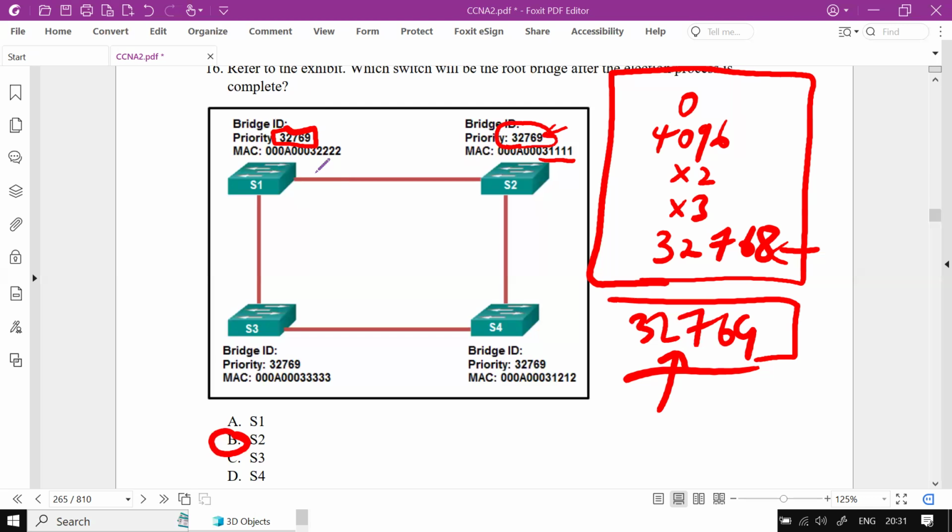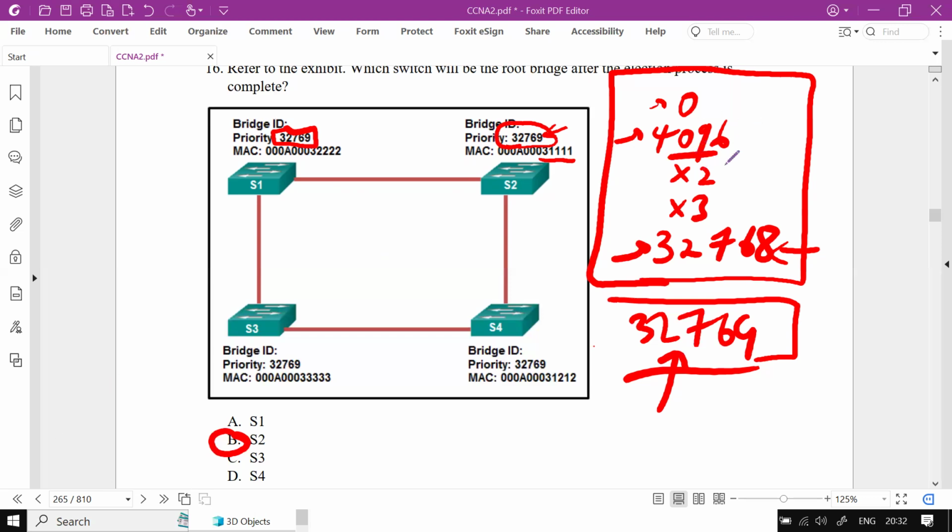I gave you background context on where I'm getting the values of bridge priorities from in your course material. It says that value can be 0, 4096, then multiples of 4096, and we saw that 32768 is a multiple of 4096.